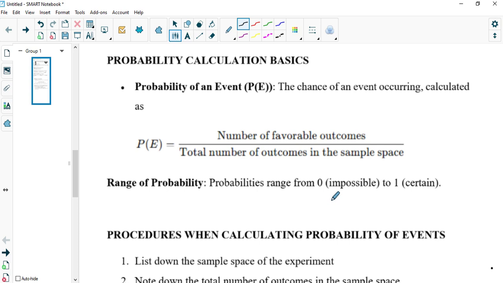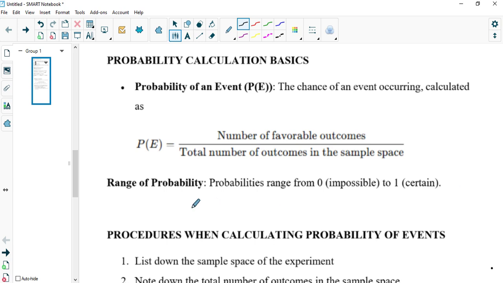The chance that an event is going to occur, that you are certain it will occur, is 1. It's like saying the chance that Malawi is going to win. If you say it's 0, it means it is impossible. That's the failure part. If it's going to win, the success, it's going to be 1. So that's the certainty part.